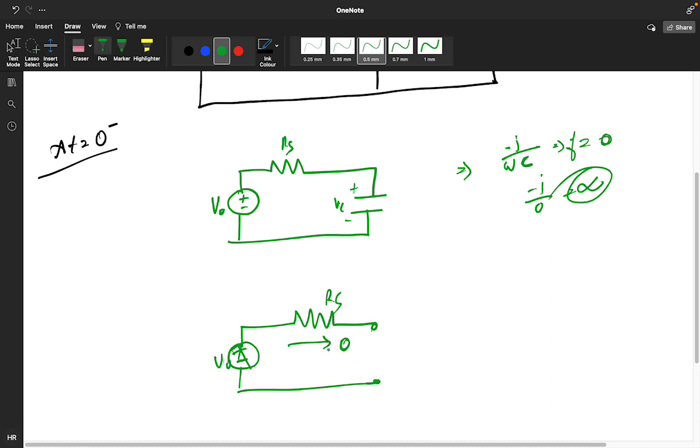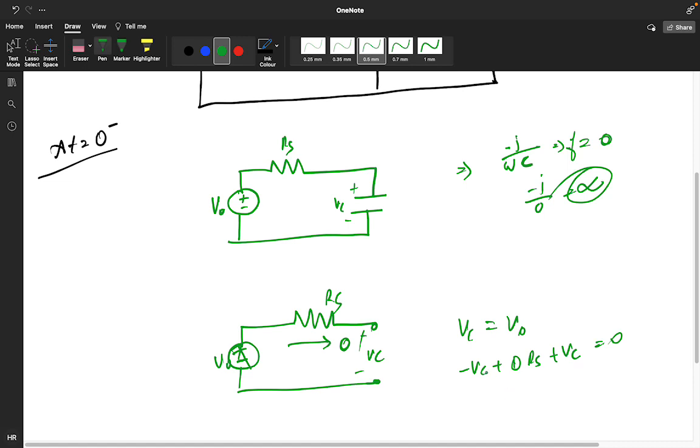Right? So if it is an open circuit, what current will flow? Zero current, because it is open. So if zero current flows, and I am assuming this as plus minus Vc, then if you apply KVL, what value of Vc will you get? V naught only. Minus V naught plus 0 into Rs plus Vc is equal to 0.